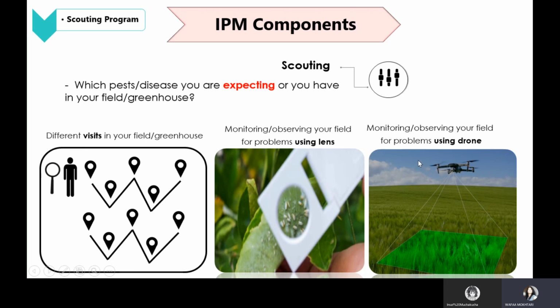Nowadays, with everything digitalized, even in agricultural and IPM practices, we can monitor our field using a drone. This helps us detect problems without doing physical visits to the greenhouse or field so often.